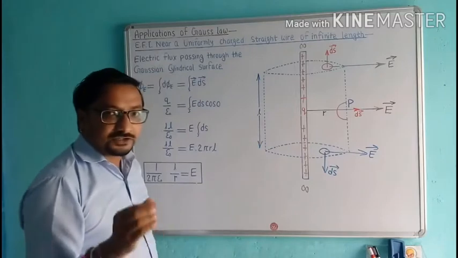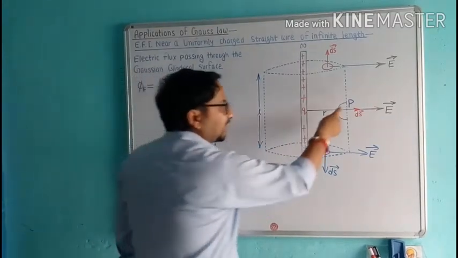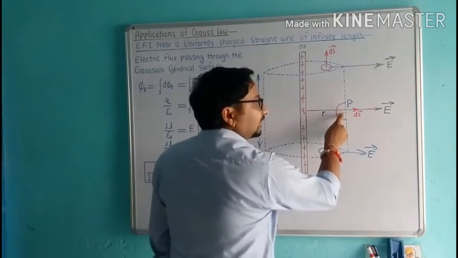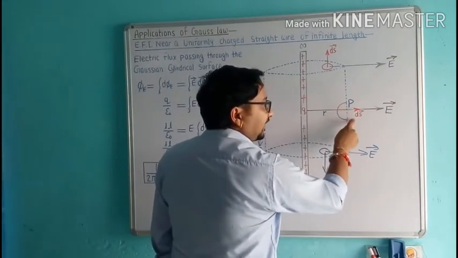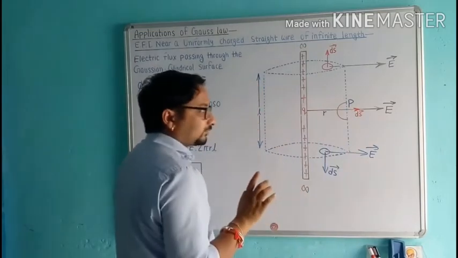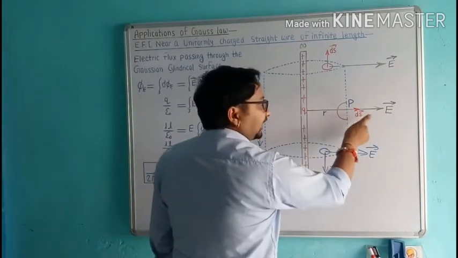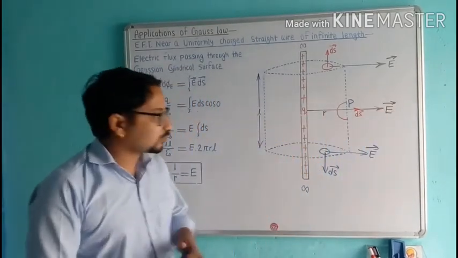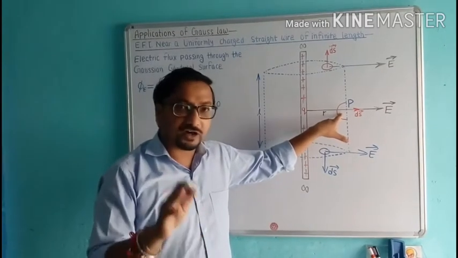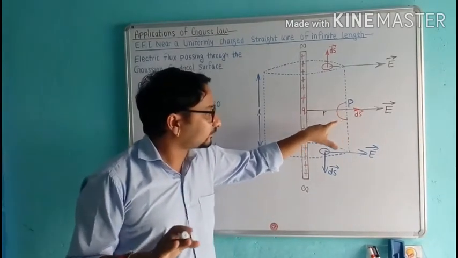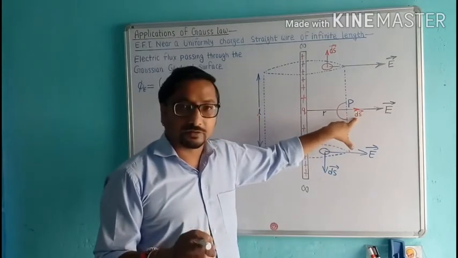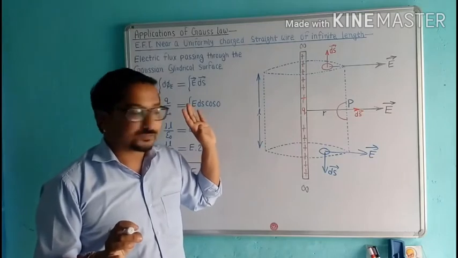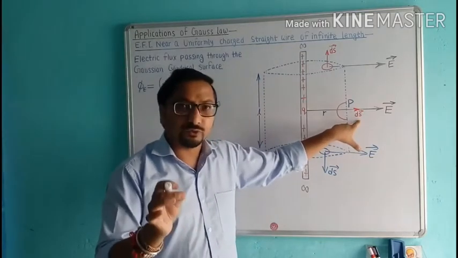To find the total electric flux, first consider an area element ds again, which can be represented by the ds vector drawn outward, and the direction of the electric field is away from the wire. So in this case, for the curved surface area, E and ds vector both are parallel to each other.